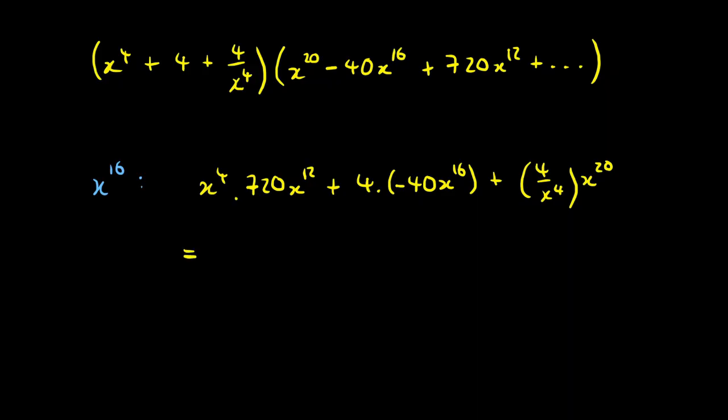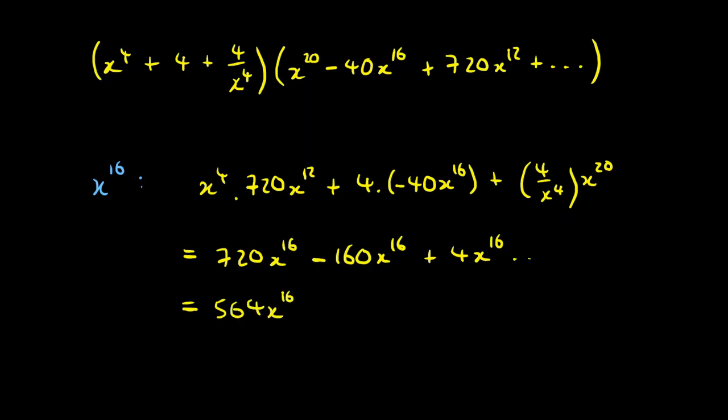And so if I expand that, I'm going to get 720 x to the power of 16 minus 160 x to the power of 16 plus 4 x to the power of 16. No other terms actually there. And so if I add that up, 720 minus 160, add 4, what I get is 564. So I've got 564 x to the power of 16, and so the coefficient of x to the 16 is 564.